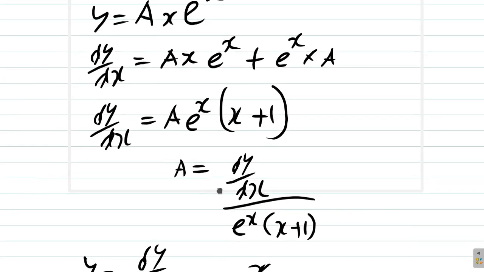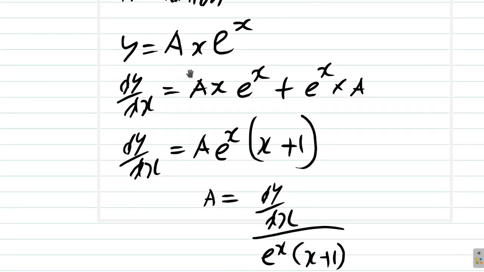Now let's just review. So we have ax e to the x. We hold ax, differentiate e to the x, good, plus we have e to the x, differentiate ax.